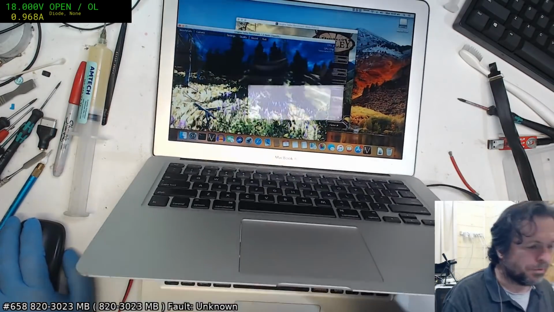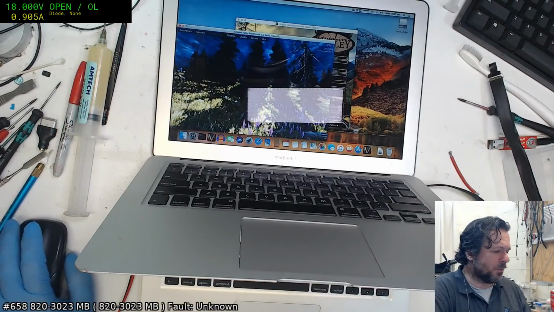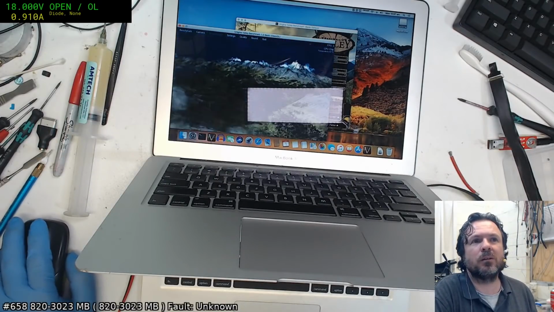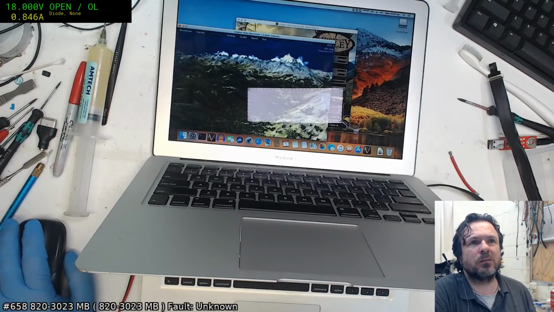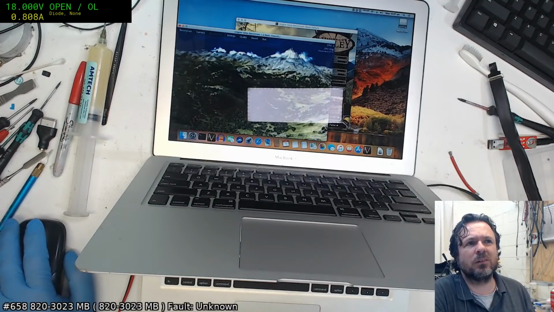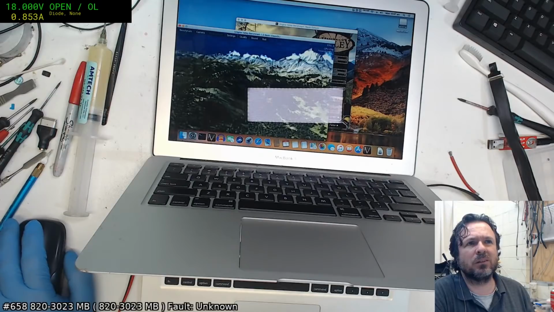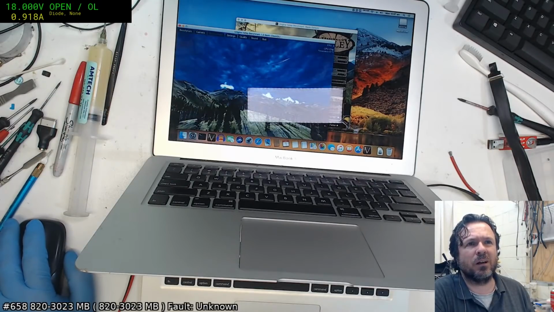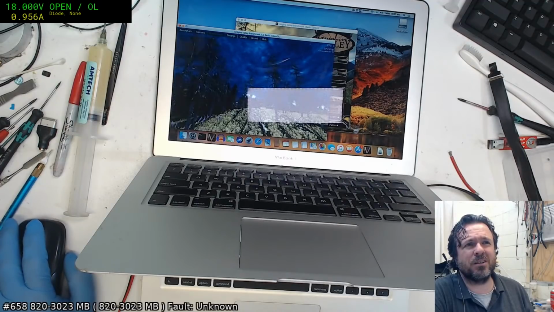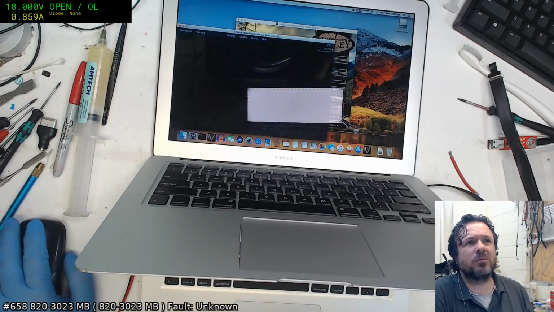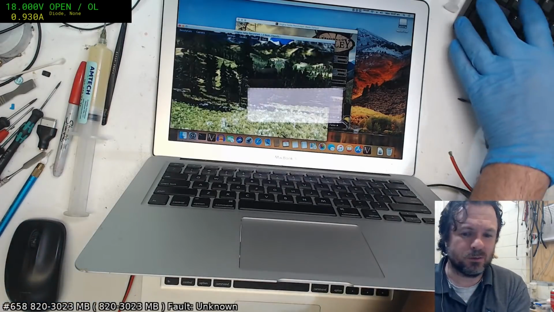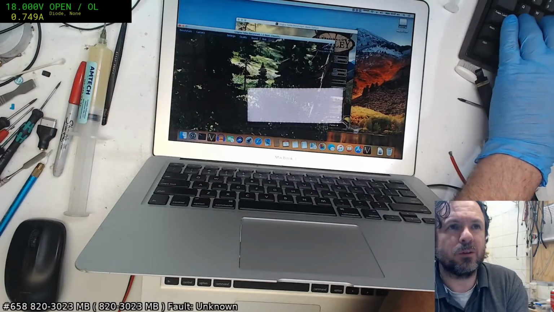What are you doing? 2 frames per second, that's... oh, this could be because it hasn't got a battery in it. That might be why. Can't find SQLite? Seriously? Wow, there's so many things that are broken on this system at the moment.